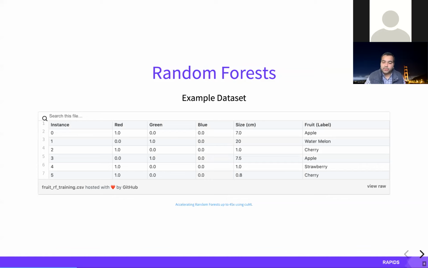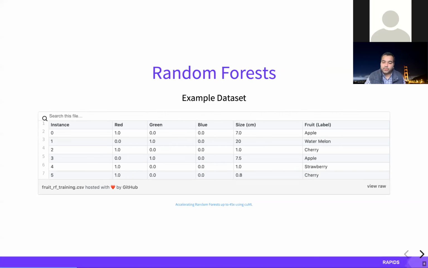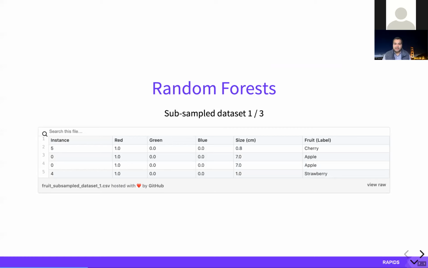The first step to making these random forests out of an existing data set is sampling with replacement. When I say with replacement, take a look at the subsample data sets.